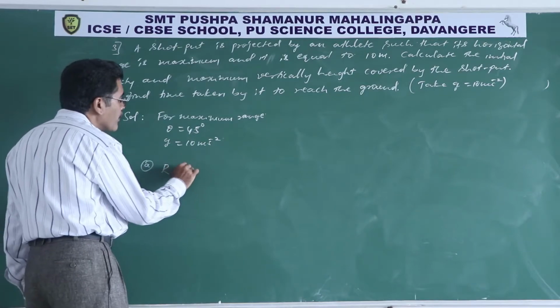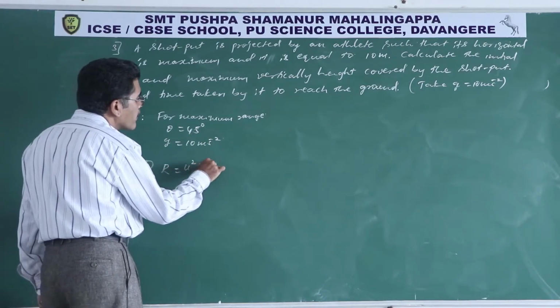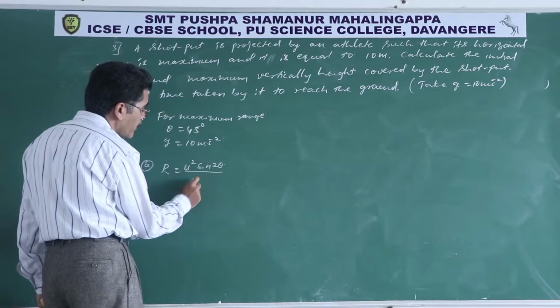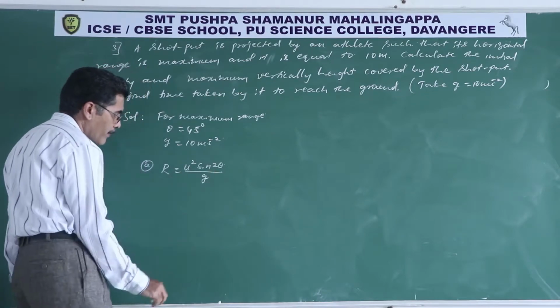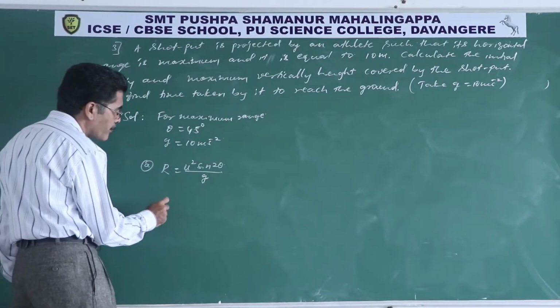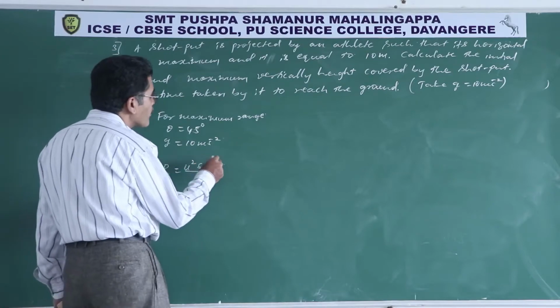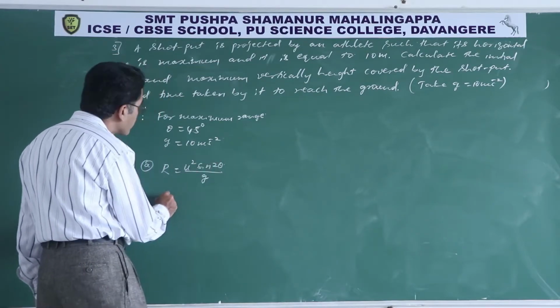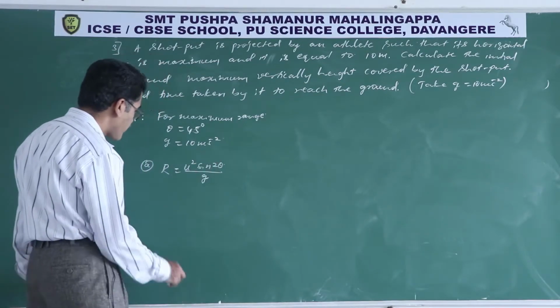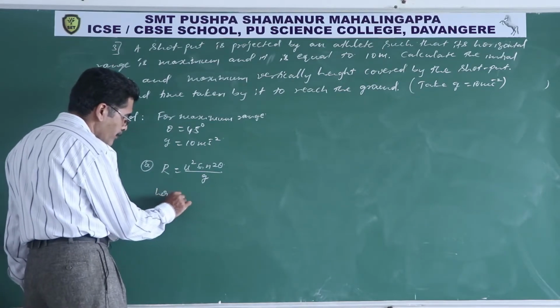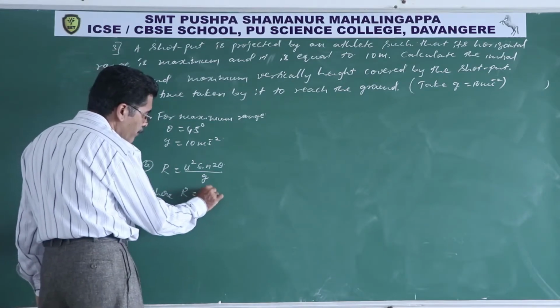R is equal to u square sine 2 theta divided by g. See here, R is given as 10 meter.